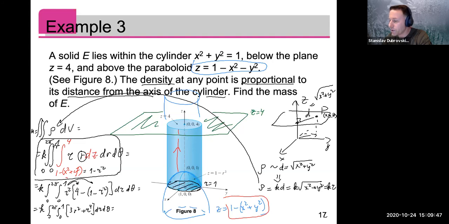As a result, we'll get r cubed as an integral, plus r to the fifth over 5, between 0 and 1. And finally, k times the integral from 0 until 2 pi of this gadget.